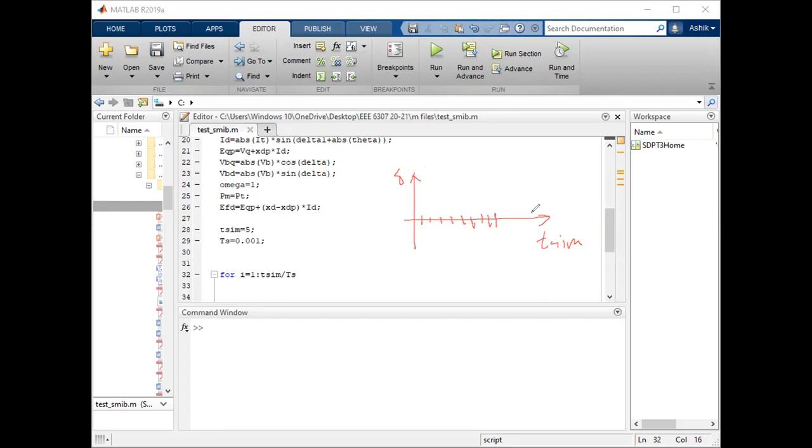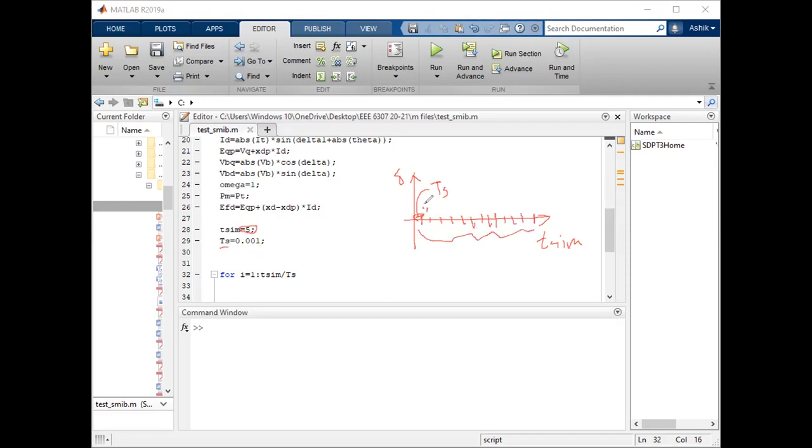tsim is the total time, where in this case it is 5 seconds. ts is the gap between each time step, the small time step we are taking forward in each iteration. So that is the sampling time. tsim by ts will give you this whole bunch of values.